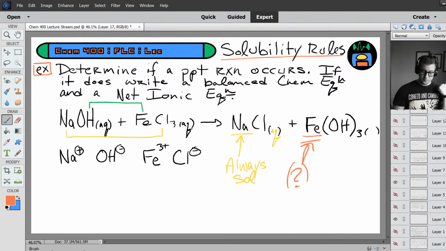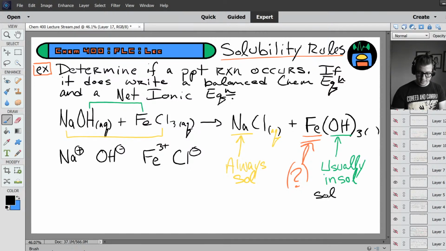All right. Hydroxide, however, is usually insoluble. The question is, what is hydroxide soluble with? Looking back at our solubility rules, it is slightly soluble with calcium, barium, and strontium.